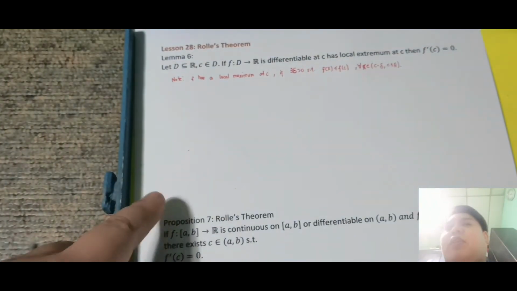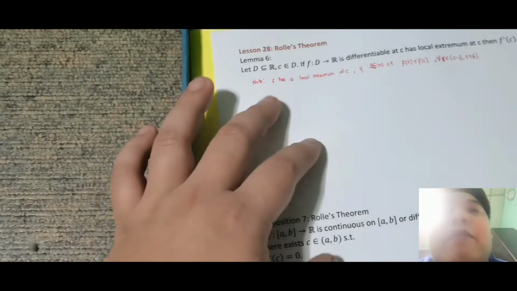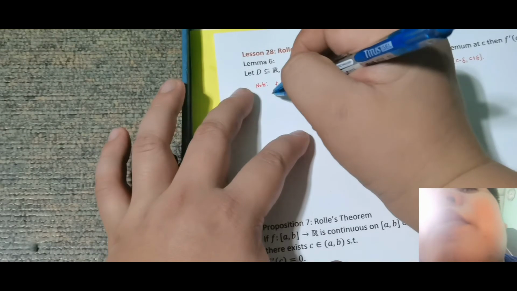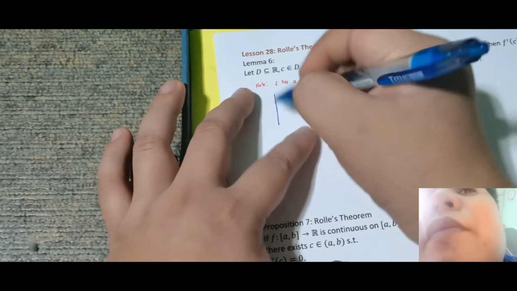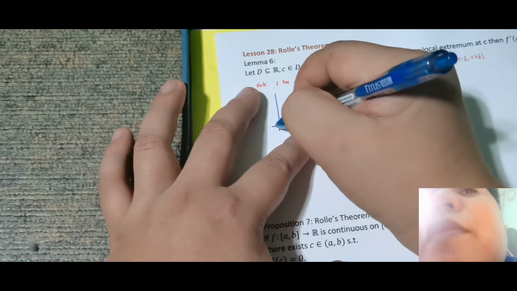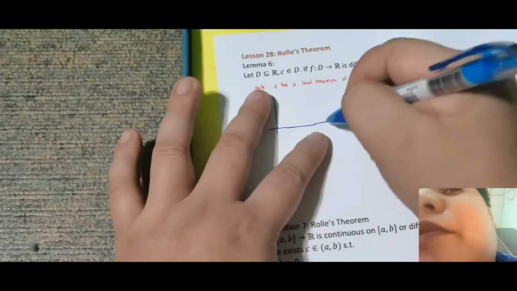Okay, so in terms of drawing, paano ba magiging itsura niyan? I think mag-drawing na lang muna ako ng ganito para mas clear tignan, para maintindihan nyo rin yung part na yan.